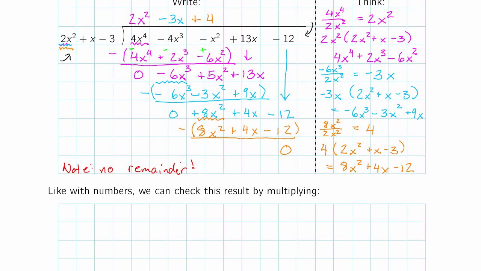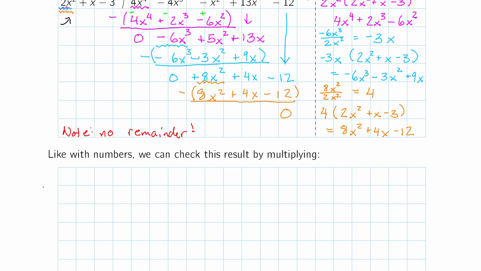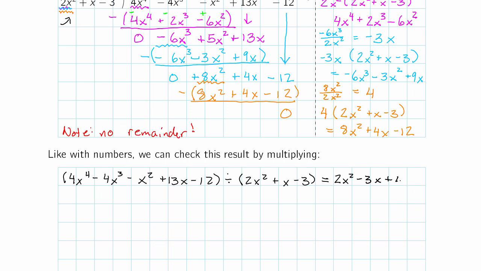What that means is when we say that 4x to the fourth minus 4x to the third minus x squared plus 13x minus 12 divided by 2x squared plus x minus 3 is 2x squared minus 3x plus 4.